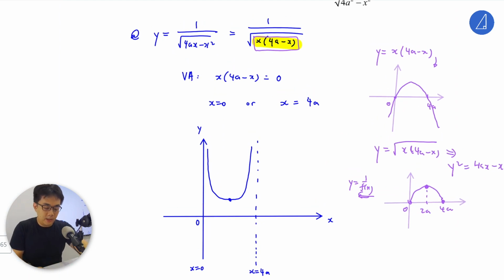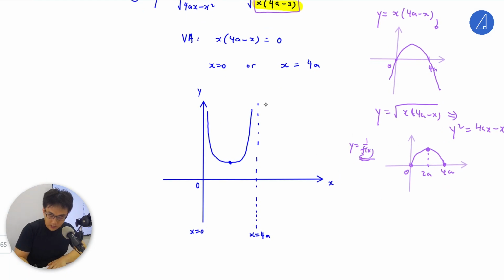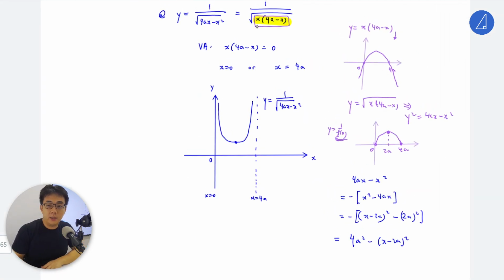What you do in this case is complete the square for the expression inside. So y is 1 over the square root of 4ax minus x squared. If I complete the square for the denominator, what I get is y equals 1 over the square root of 4a squared minus (x minus 2a) squared.